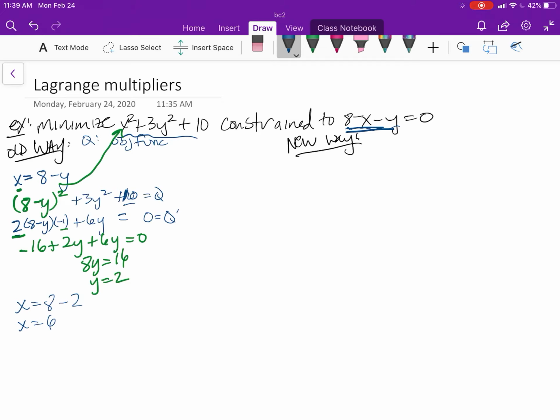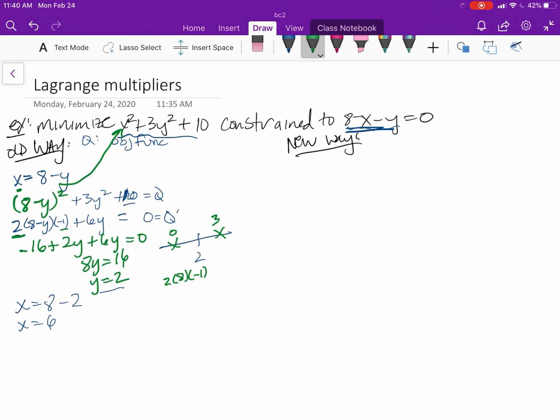But now remember, the old way, we still need to verify that this is in fact a minimum. So we can either do the second derivative test or use our test point, right? If y is 2, choose a value to the left and the right, and substitute that into the derivative. So doing it this way, we have 0, and we try 3, I guess. If I plug in 0 for y, I'd have 2 times 8 times negative 1 plus 0.